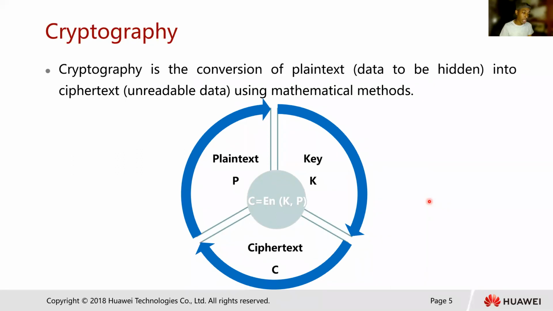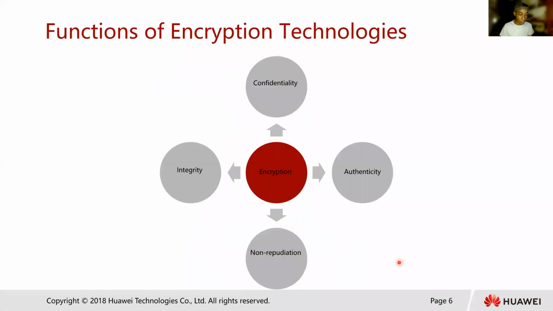The keyword here is using mathematical methods. So the plain text goes through a key with some mathematical methods. You can see here that the ciphertext is equal to the encryption function, which takes in the key as well as the plain text as the input. Then you get a result as ciphertext. So what are the functions?